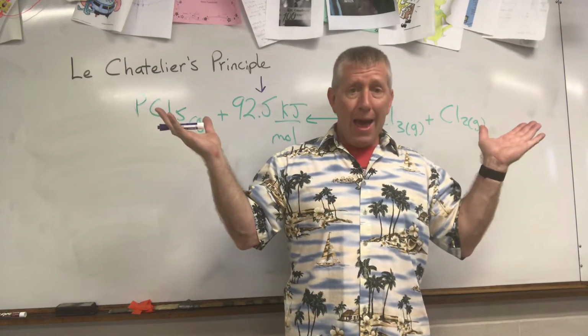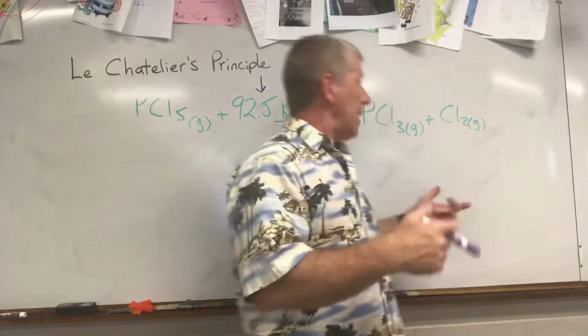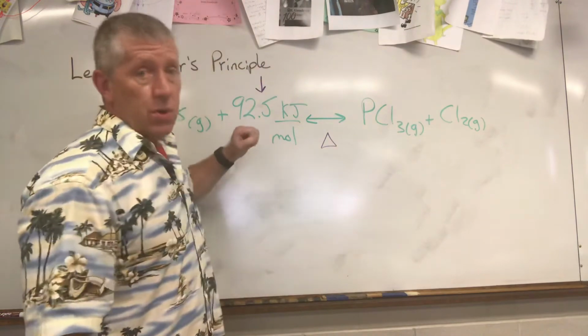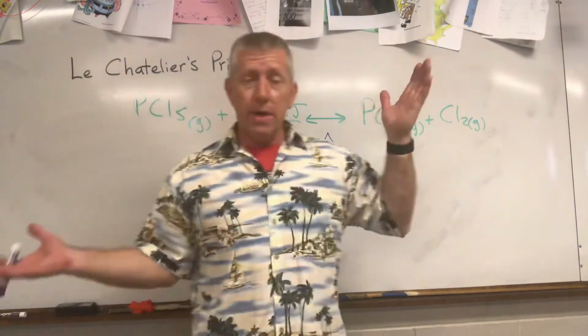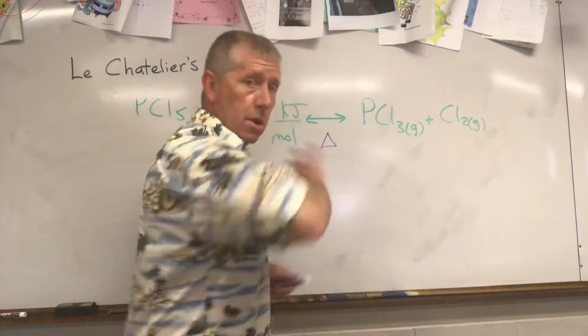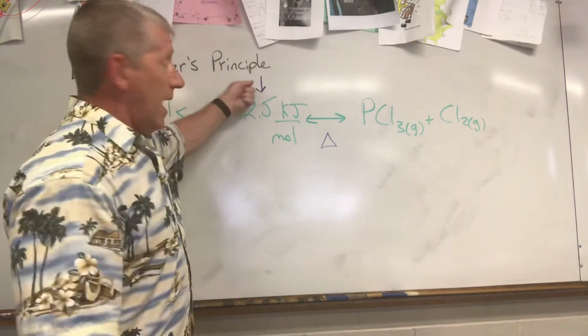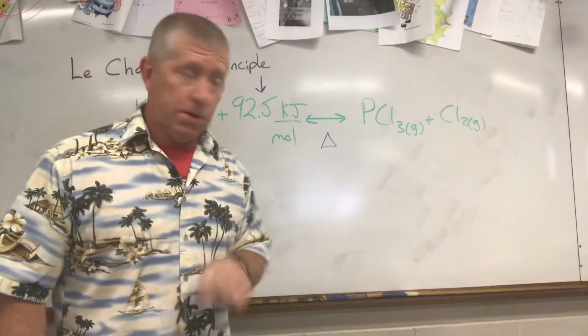So if we add product, or we add reactant, we're going to have to make more product to get rid of the extra reactant we added. That would be a shift to the right. All right, make more product to deal with the extra reactant that you added.